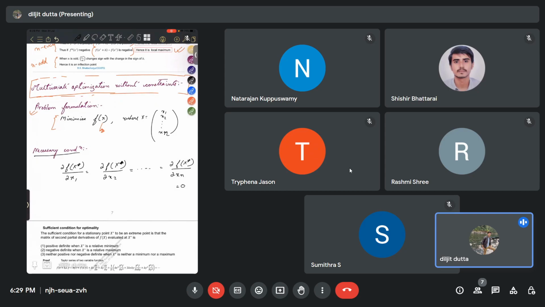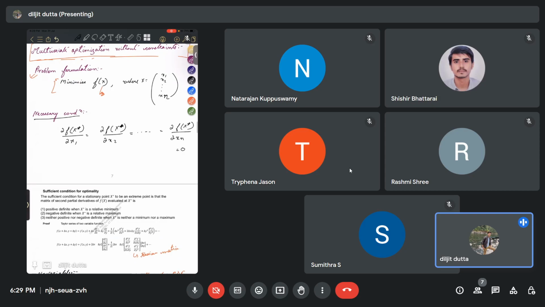The necessary condition will be that when we find an optimal point x star in the region, the partial derivative of the function at x star with respect to x1, x2, up to xn, all the variables, is equal to 0. This is the necessary condition.